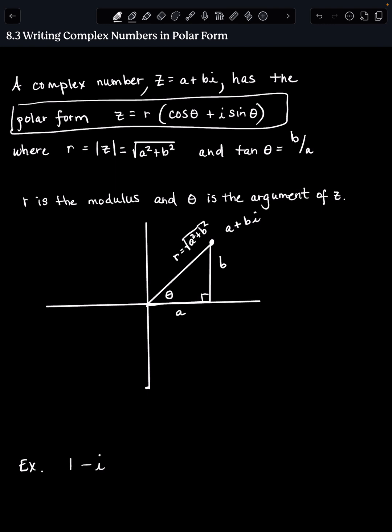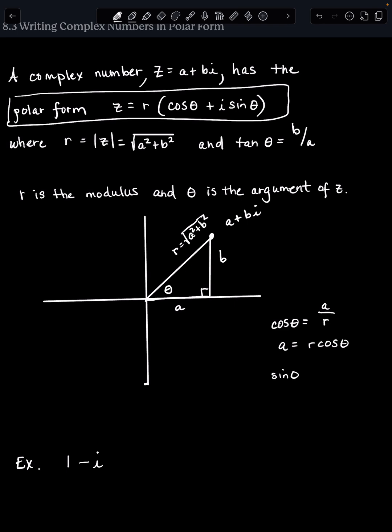Because if I was looking at the relationship between theta and a, I would know that a is my adjacent. I've got r defined as that modulus, so I've got the cosine of theta equals a over r, or a equals r times the cosine of theta. Likewise, I've got the sine of theta equals the opposite, or b, over r, so b equals r times the sine of theta.